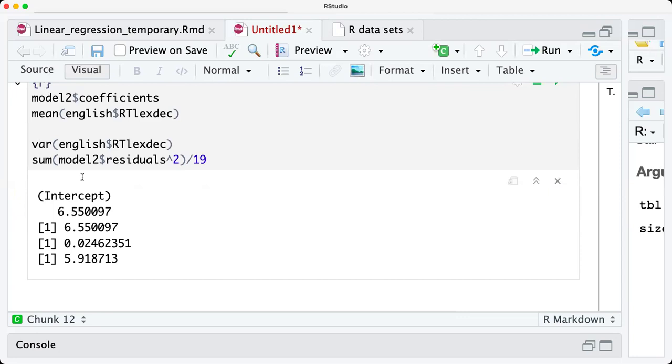So in summing the residuals, dividing them by 19, which should be okay.